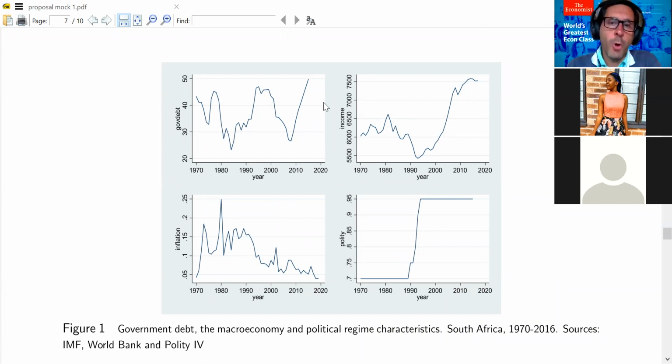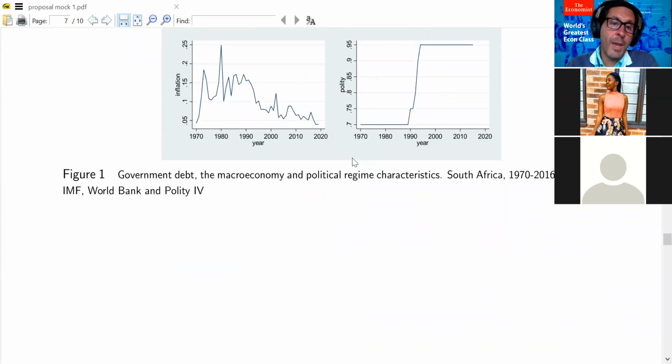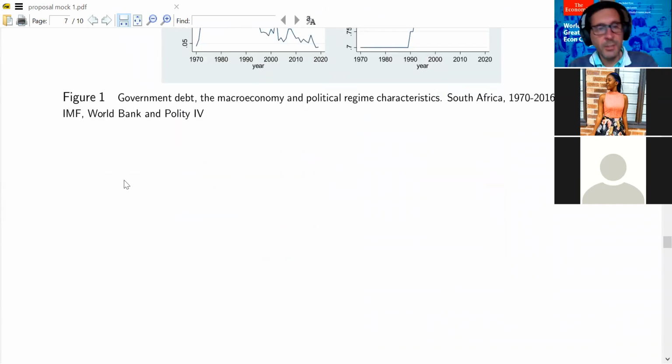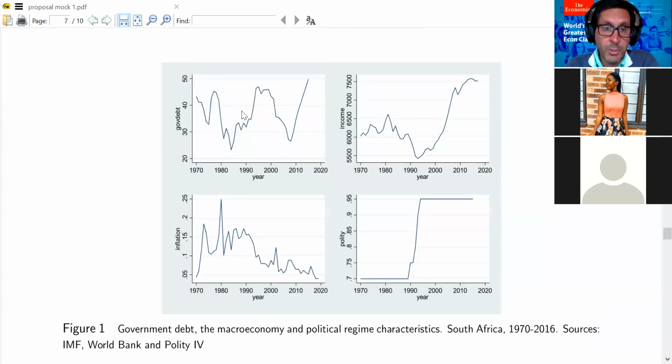These are just the usual time series of your variables, but you could start a new paragraph there and say, and I also get the OLS correlations, that's what I do in the chapter, between government debt and economic growth and inflation and polity. So I have all the plots before I go into the regression analysis.